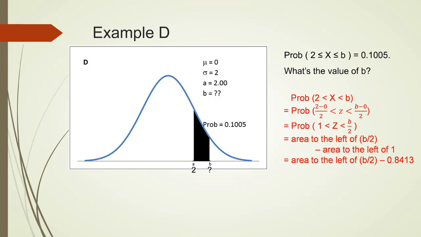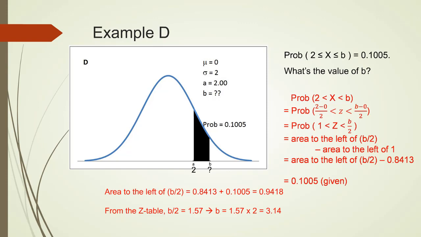Now we should feel comfortable to look up the z-table for the corresponding lower-tailed probabilities for 1 and B over 2. The area to the left of 1 is 0.8413. We know the difference between the area to the left of B over 2 and 0.8413 is 0.1005, which is given in the question.